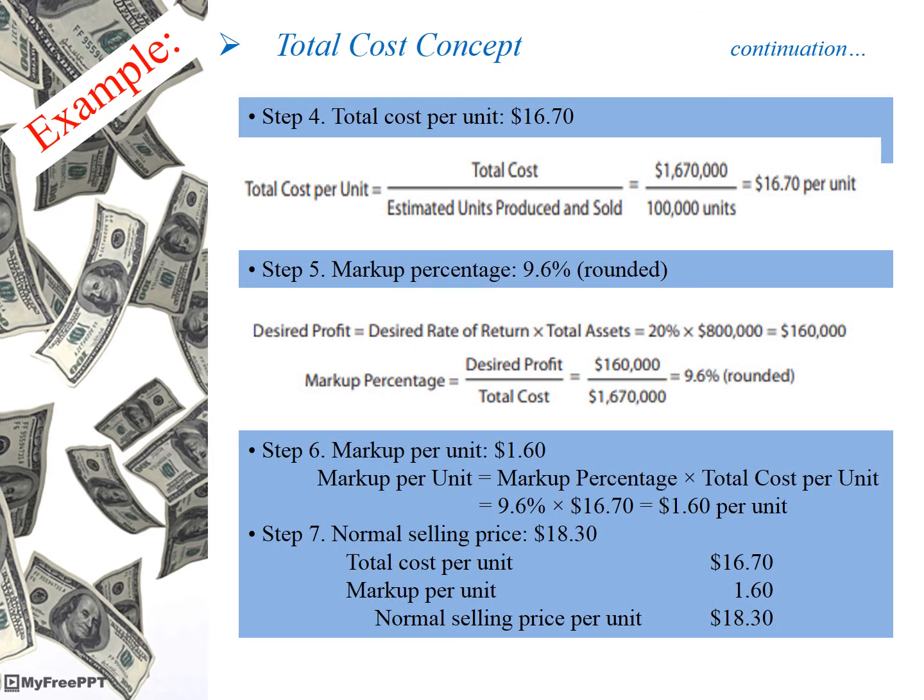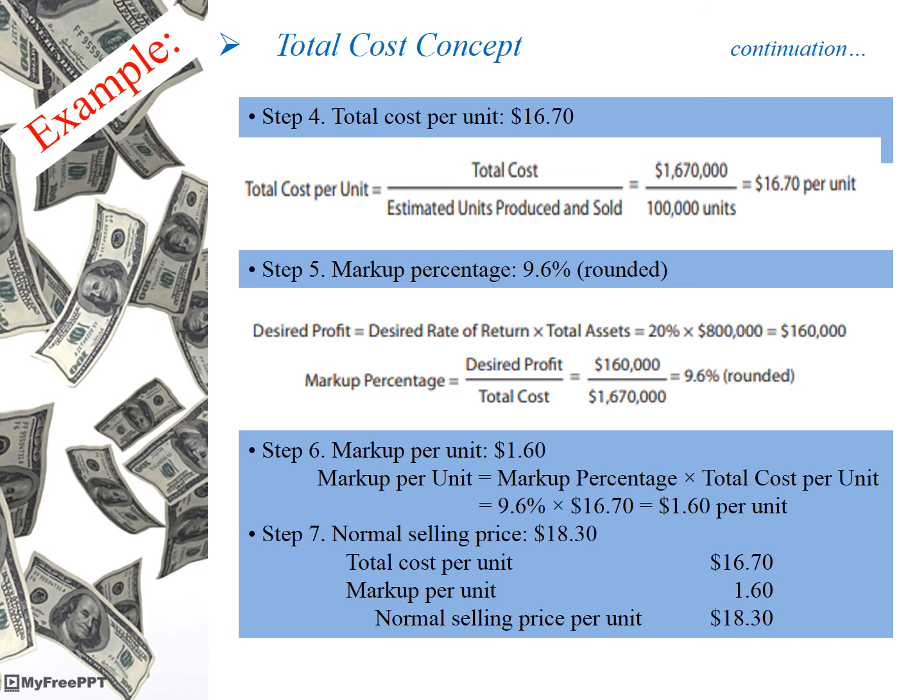Step 4. How much is the total cost per unit? Total cost per unit is equal to $16.70, which comes from the total cost of $1,670,000 divided by the estimated units produced and sold, which is 100,000 units.